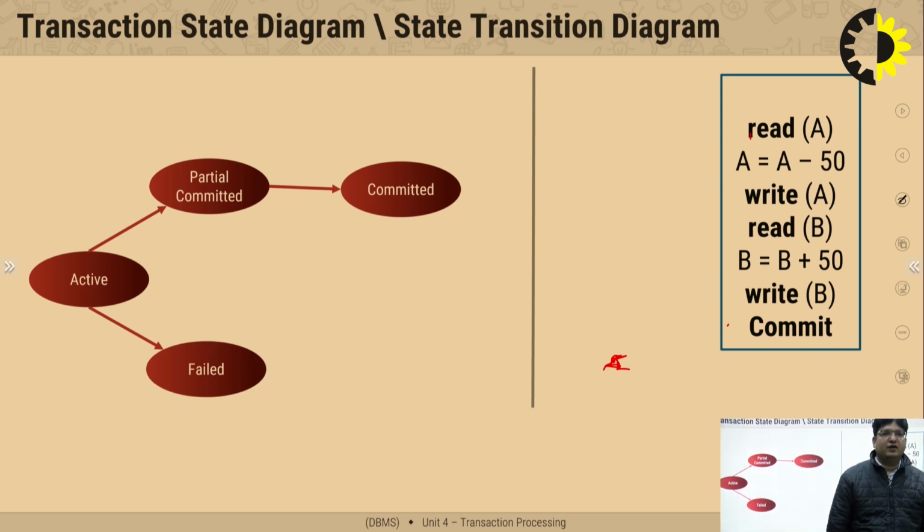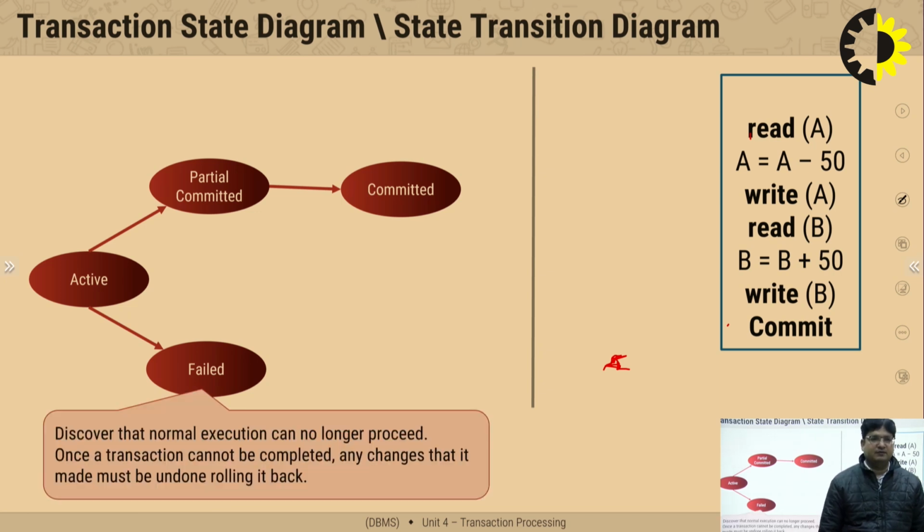Next is the failed state. A transaction may enter the failed state from an active state due to various types of failures that occur either on the part of the transaction or the operating system, or due to any hardware failure, or due to a problem faced by the DBMS.